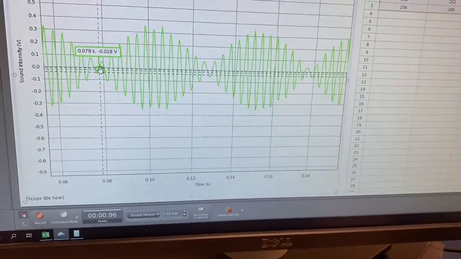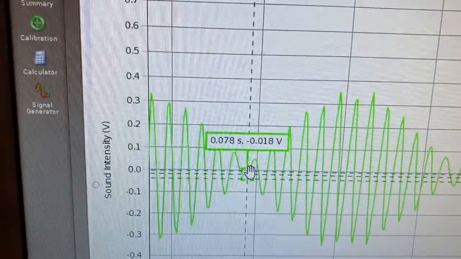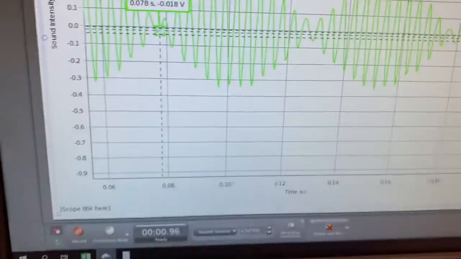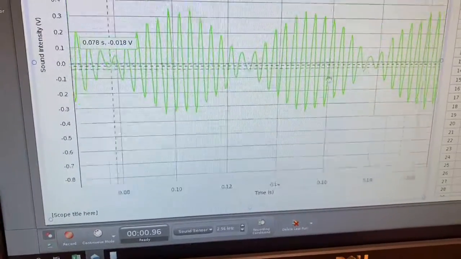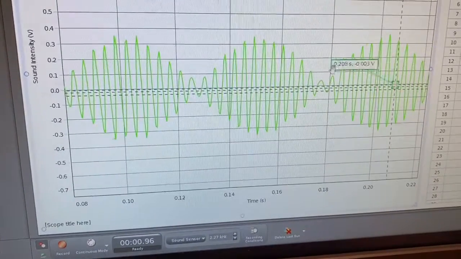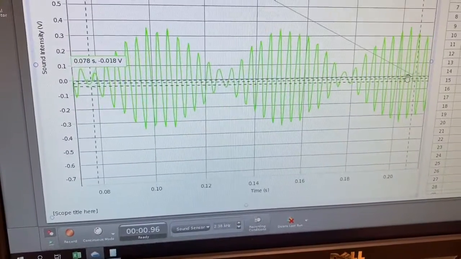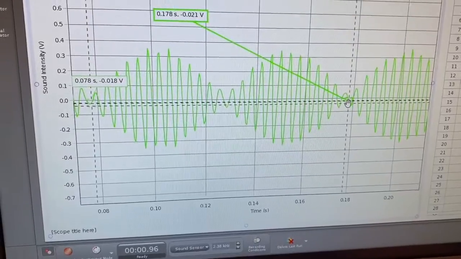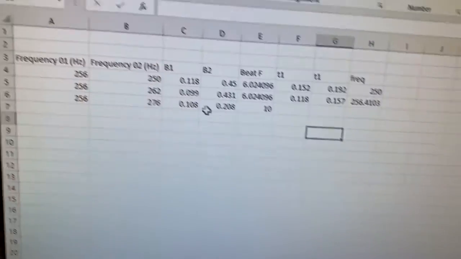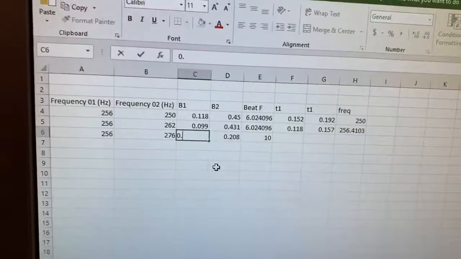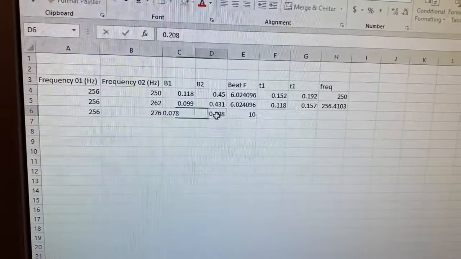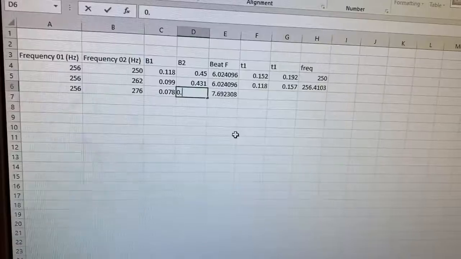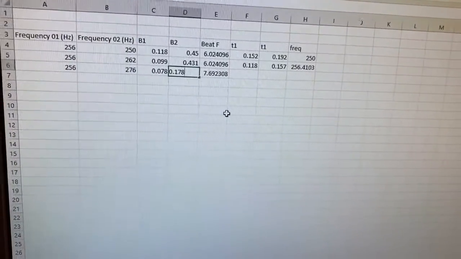Here the time value is 0.078 seconds, and the second data point I need to calculate the period is 0.178. So I can use my Excel sheet to calculate that. 0.078, this is 0.178, and I get the beat frequency, which is 10.